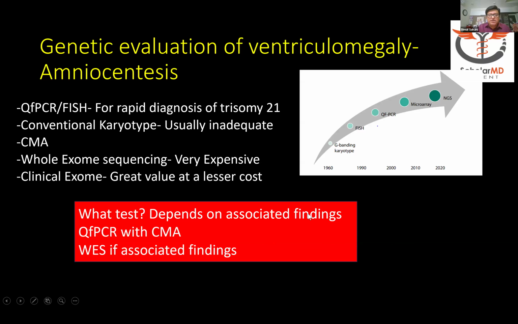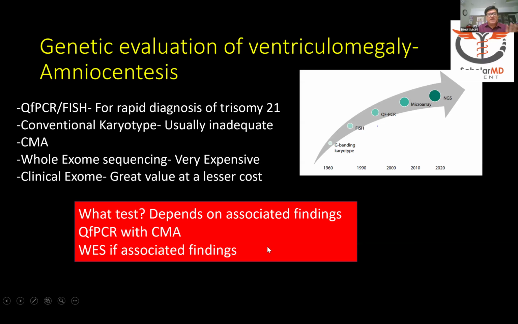Now, this depends on associated findings, because if your associated findings tell you that we are dealing with probably some single gene disorder, definitely I'm going to go for whole exome sequencing there, or a panel test for that particular thing. But in general cases, you can do a QF-PCR for a quick rule out of trisomy 21, along with chromosomal microarray. This is what is established at the moment.